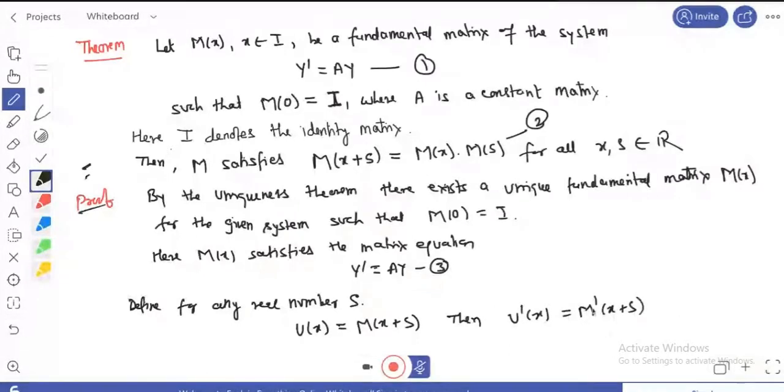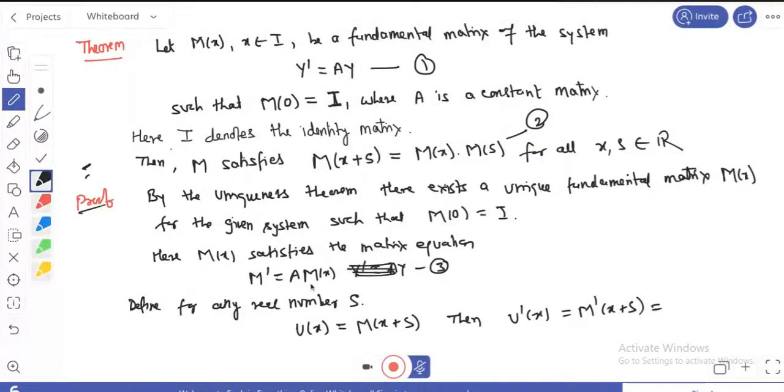Here you know that this M satisfies your matrix equation, so M prime equals A M. So it satisfies your matrix equation, equation 3. So what is the value of M prime?